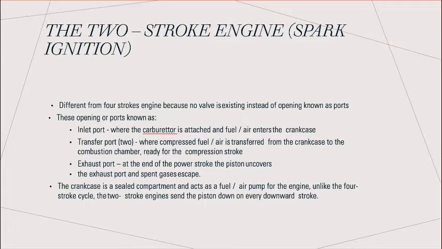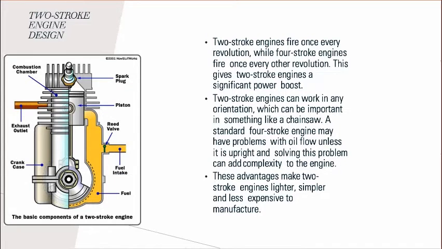Unlike the four-stroke cycle, the two-stroke engine sends the piston down on every downward stroke. Two-stroke engines fire once every revolution while four-stroke engines fire once every other revolution, and this gives two-stroke engines a significant power boost.